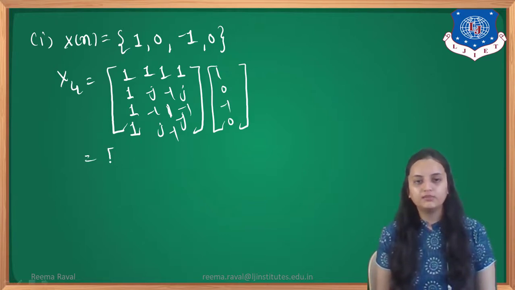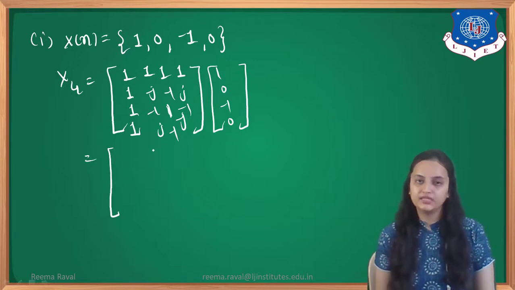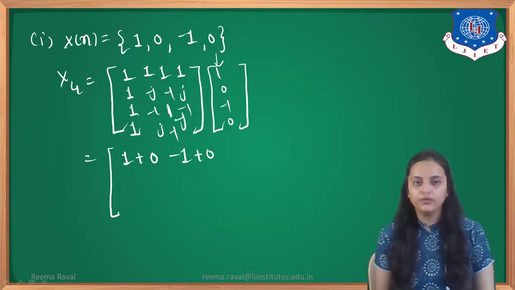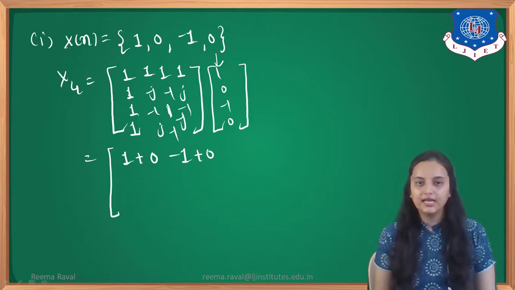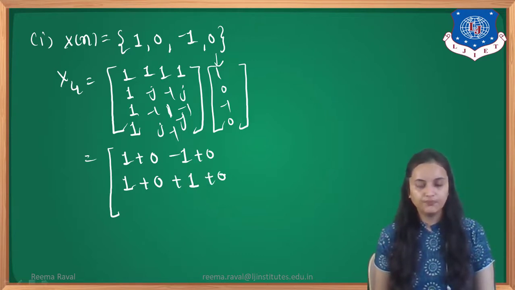We are doing the matrix multiplication as we have done in the previous example. The first row is multiplied with this column, then the second row with this column, likewise. So for the first row, we will get 1 plus 0 minus 1 plus 0, multiplying respective elements. Now for the second row and this column, 1 into 1 is 1 plus 0, then minus 1 into minus 1 will give plus 1, then j into 0 is 0.